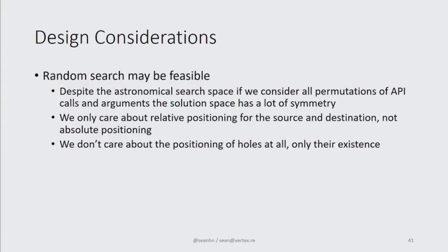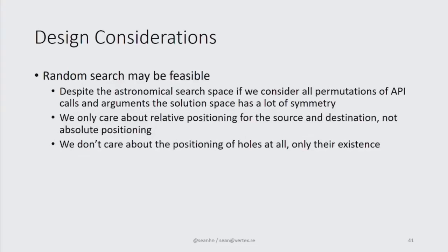The other design consideration that's worth considering is that random search might actually be feasible. So random search in this sense is you just have a random walk through the solution space. You're not learning anything between instances. It's effectively a brute force search. And you remember a while ago I said that the search space is astronomical? Well, it turns out there's actually a huge amount of symmetry in the search space because we typically don't care about the absolute positioning of things. We only care about the relative positioning of things.